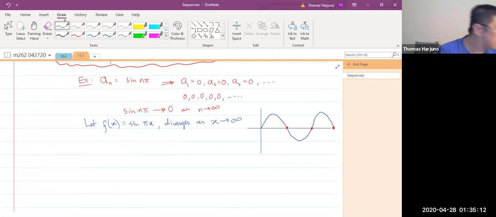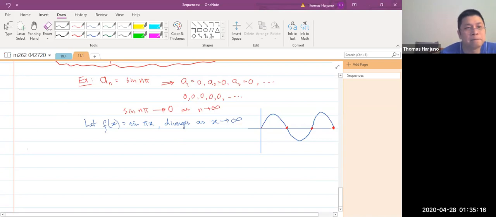Let's see, for example, number 28. The nth term of the sequence is 3 to the n plus 2 over 5 to the n. Find the limit as n goes to infinity of 3 to the n plus 2 over 5 to the n.